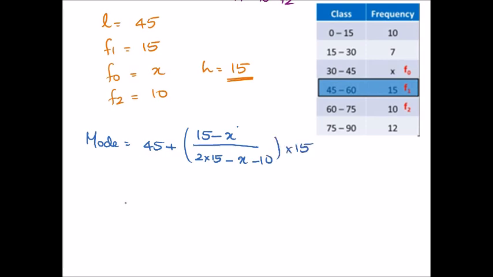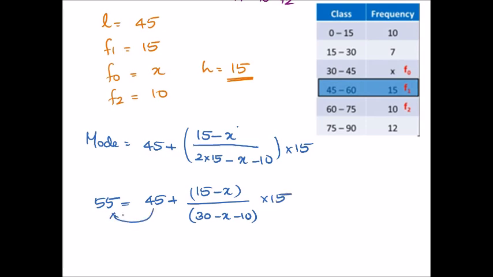Now simplify. Mode is given as 55. So 55 is equal to 45 plus (15 minus x) divided by (30 minus x minus 10), into 15.